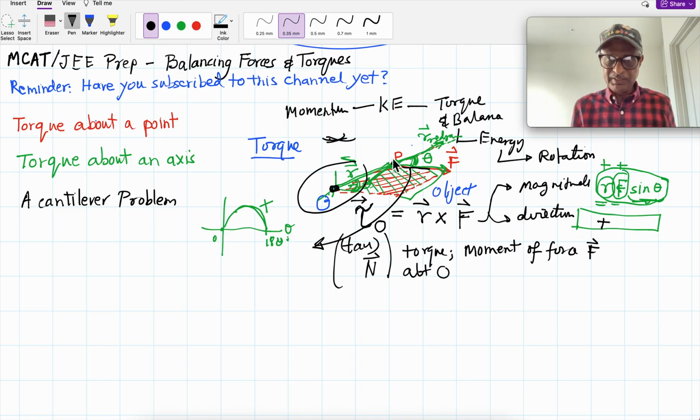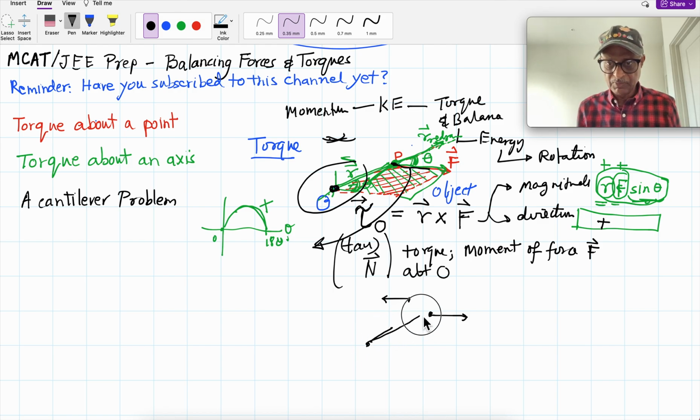So in the same diagram, let's see, we had one more force. This force was this way, and there was another force this way, in the exact opposite direction, maybe even at the same place.